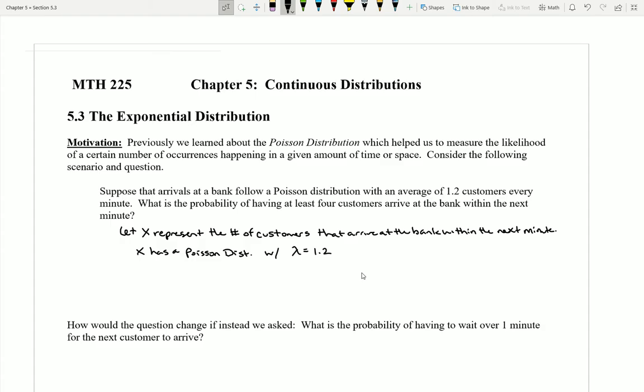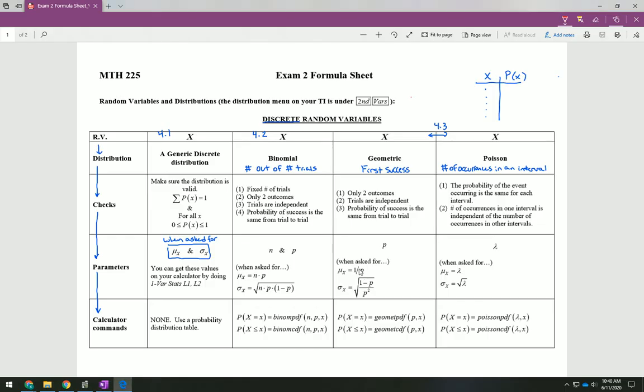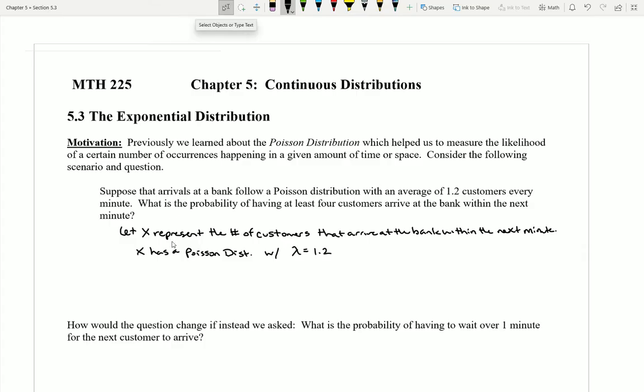All I'm really doing here is following exactly what our formula sheet had always instructed us to do: define a variable, state the distribution. The problem already told me that it was a Poisson distribution, so there was no reason to go through the checks, and identify lambda. Now I can run my actual calculator commands to compute this probability. Since I want the probability of having at least 4, that would be x greater than or equal to 4.